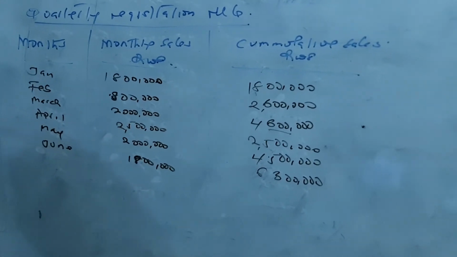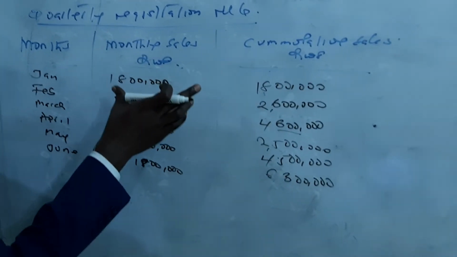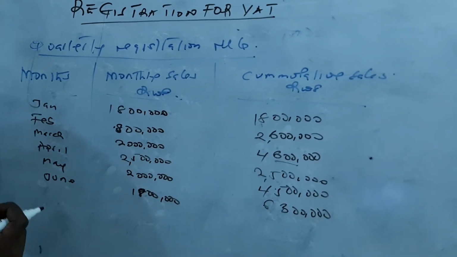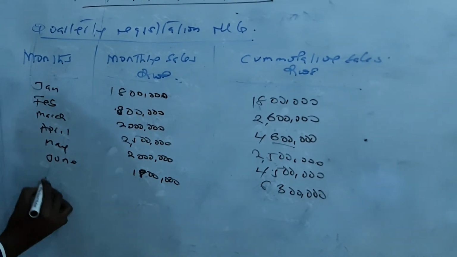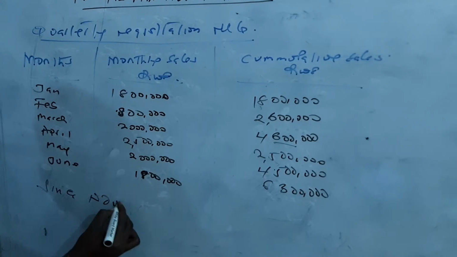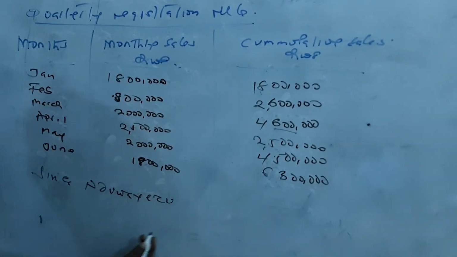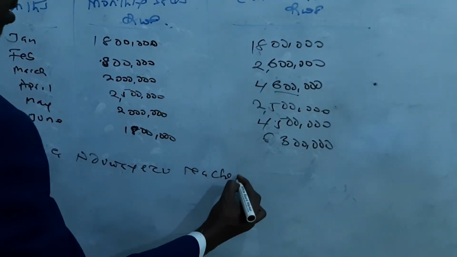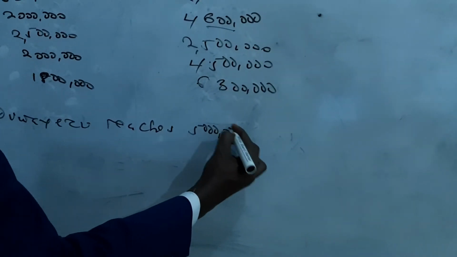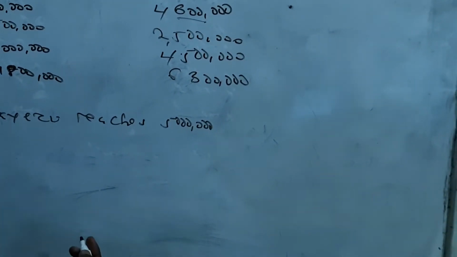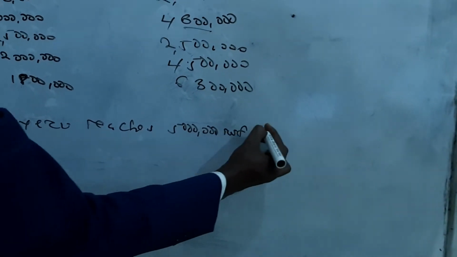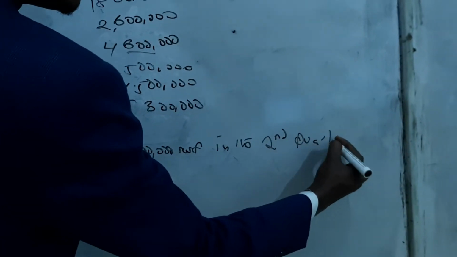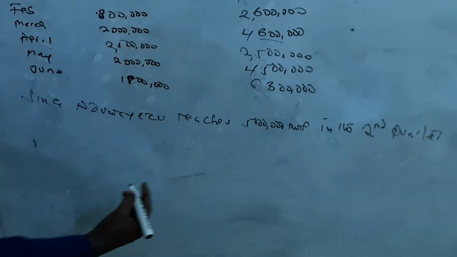So this means that Ndwayes can register for VAT at the second quarter, since Ndwayes reaches 5 million Rwandan francs in the second quarter. So he must register for VAT.